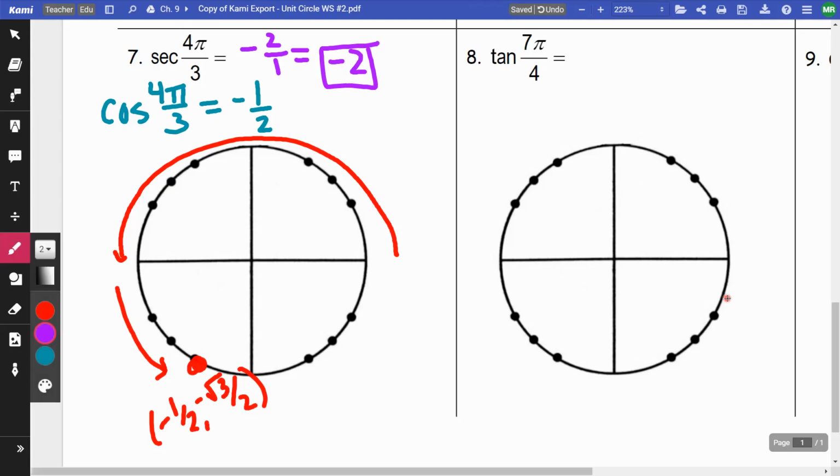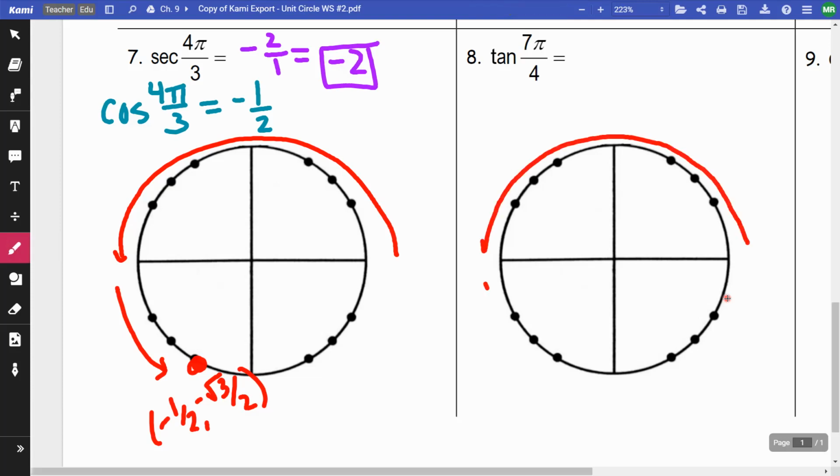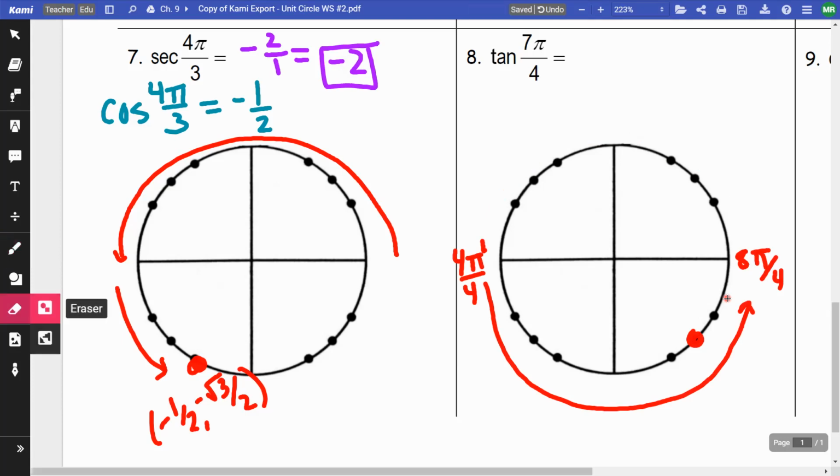Tangent of 7 pi 4ths. Now going here is going to be 4 pi 4ths. Going all the way to here would have been 8 pi 4ths. So I'm 1/4 short. I'm right there.